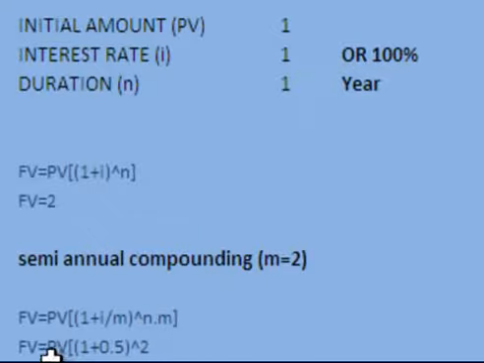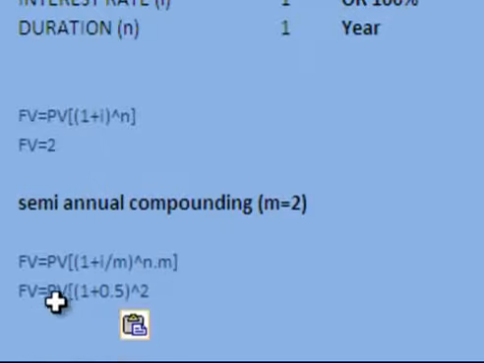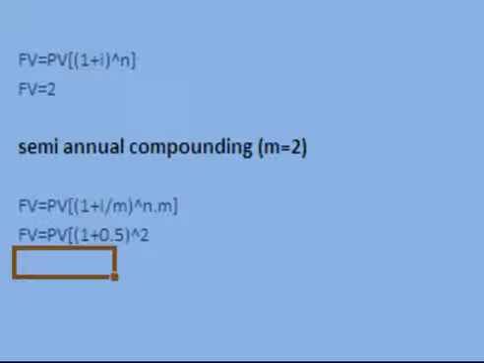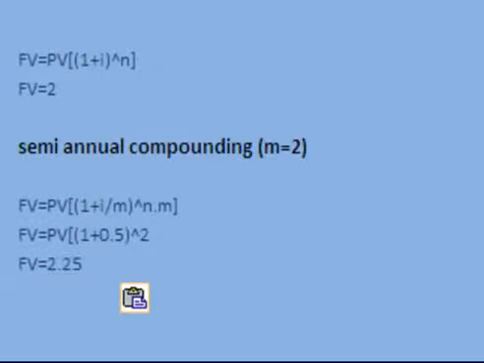So in that case future value equals present value, which is 1, multiplied by 1 plus 0.5 raised to the power 2. Now by solving this equation we can calculate the future value of $1 in case of semi-annual compounding equals 2.25.